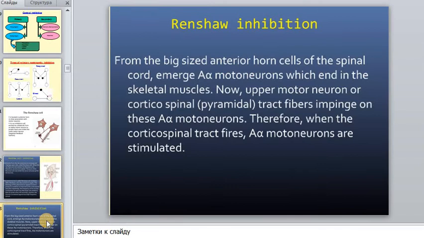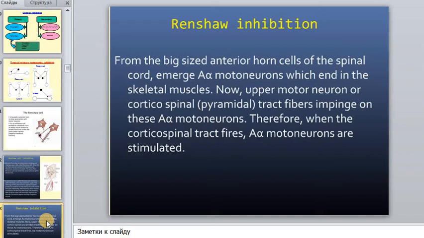Renshaw inhibition comes from the big-sized anterior horn cells of the spinal cord, the alpha motor neurons, which go to the skeletal muscles, and upper motor neurons or corticospinal pyramidal tract fibers impinge on these alpha motor neurons.